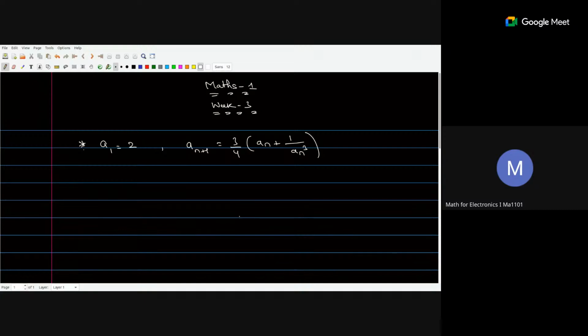So we want to solve this particular problem, is it? Where did you get this problem? Is it given in one of the activity questions or practice assignments or some other books?